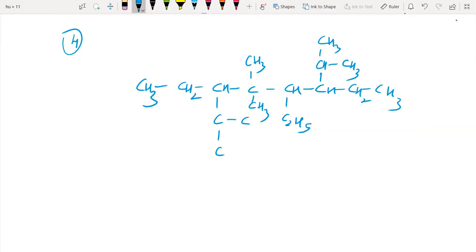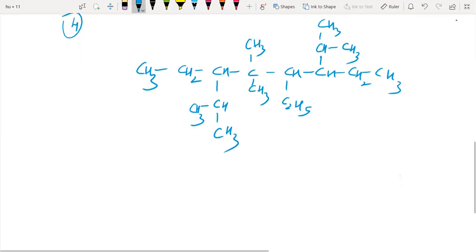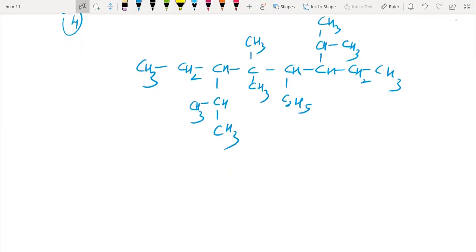Okay, a little bit. Okay, so now we are done with this compound, and we'll see the nomenclature of this. All rules are going to come in this.